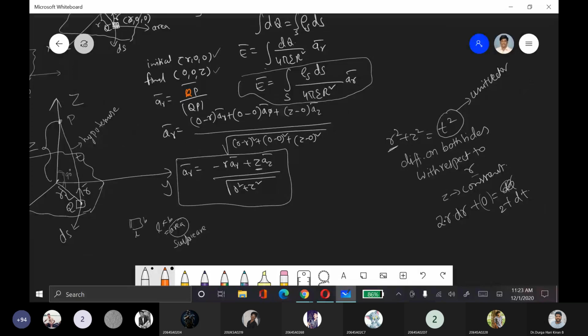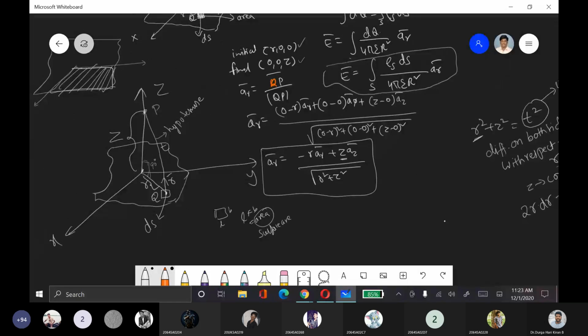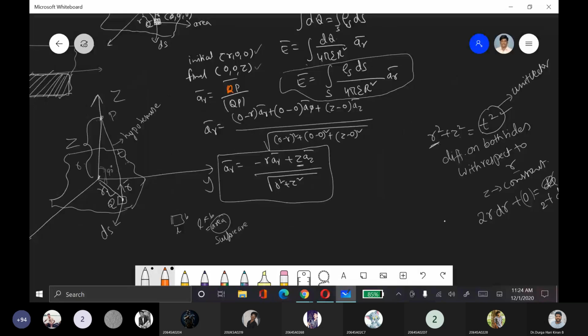See here, Z is 0 because it doesn't have any R value, but T has R value. You can observe it from this equation. T has R value, but Z doesn't have any R value in this. So when you differentiate this equation, Z will be equal to 0.